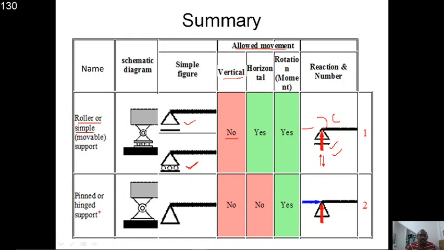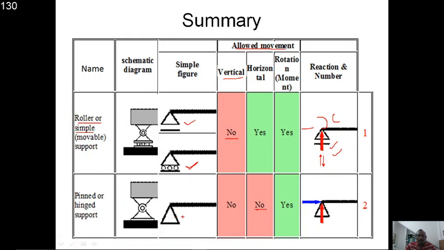Whereas for the pinned or hinge support, one of the demerits of the roller or simple support has been removed. That is, the roller support has no restriction against horizontal movement. The same has been restrained in the hinged support.